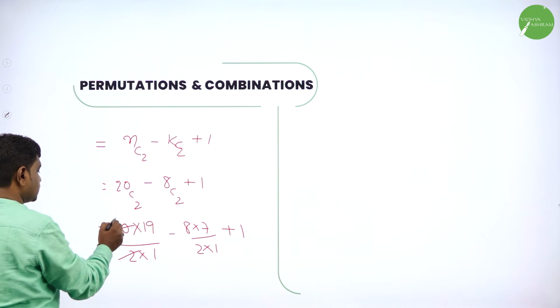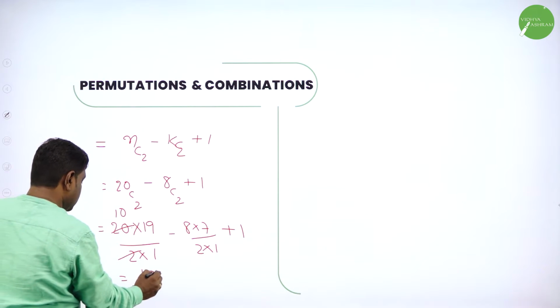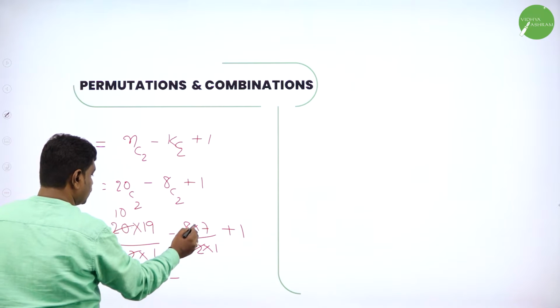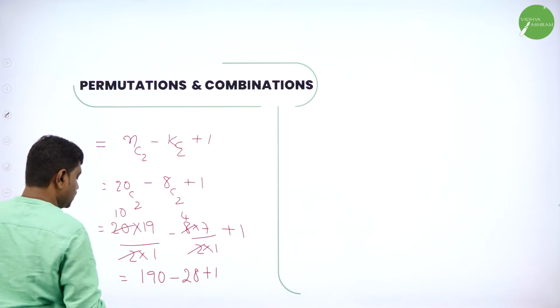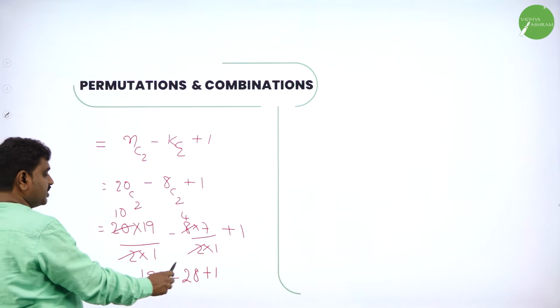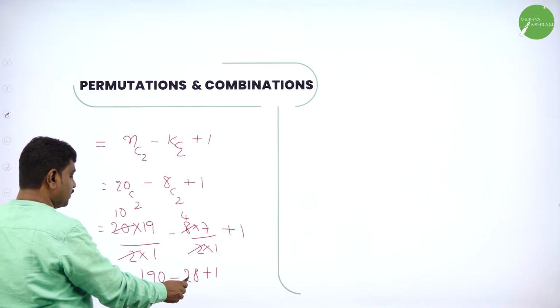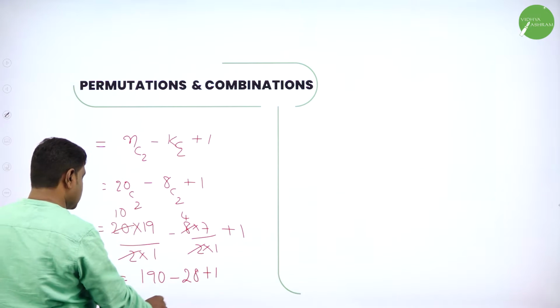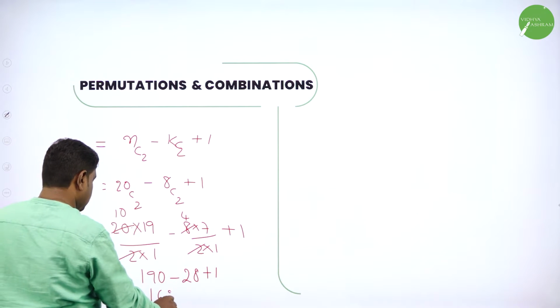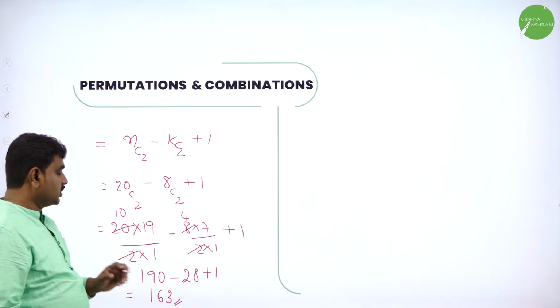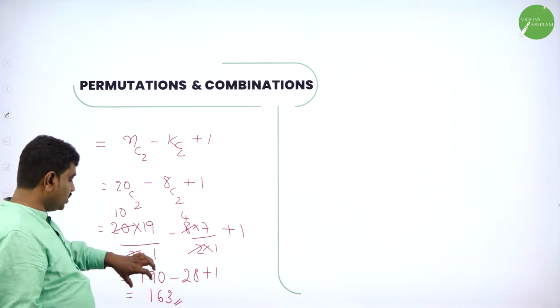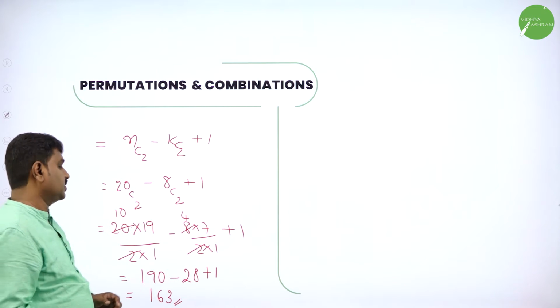So 2 ones are 2, 2 tens are 20, so it will become 190. In that remove 8C2: 2 ones are 2, 2 4s are 8, 7 4s are 28, and add 1. Simplify this. 190 minus 28 is 162, 162 plus 1 is 163. So you can form 163 lines using this. So subtract as total minus collinear plus 1.